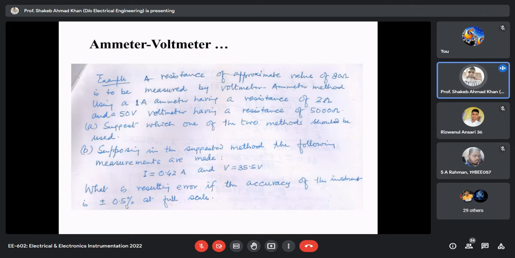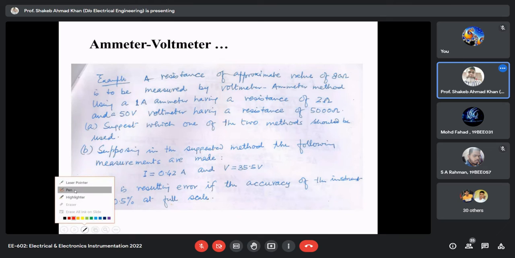Now I'm asking one thing you must have studied earlier. For instruments, the error is given as plus minus 0.5% of full scale and plus minus 0.5% of true value. So what is the meaning of these two representations? You understand what I'm saying? You must have studied earlier. Yes, sir.